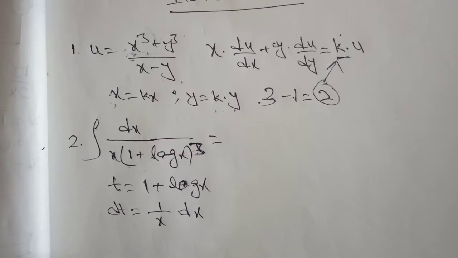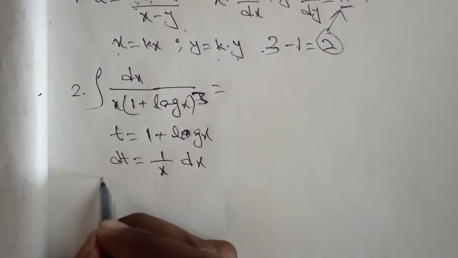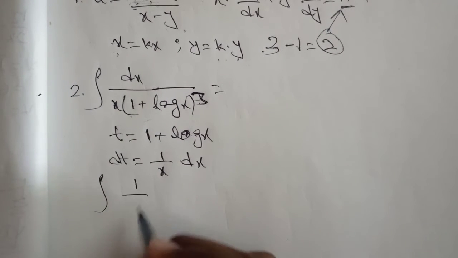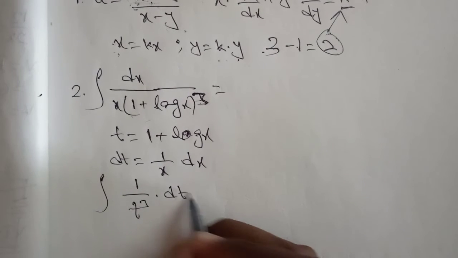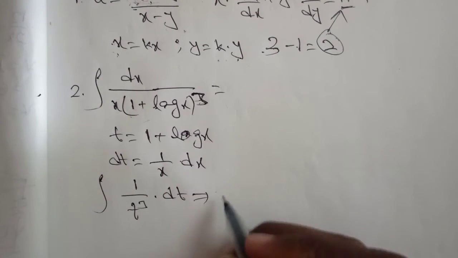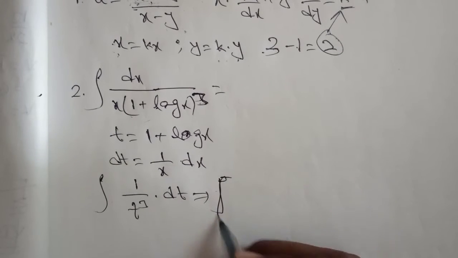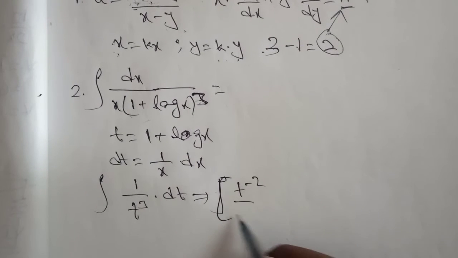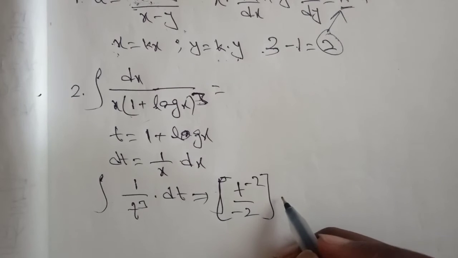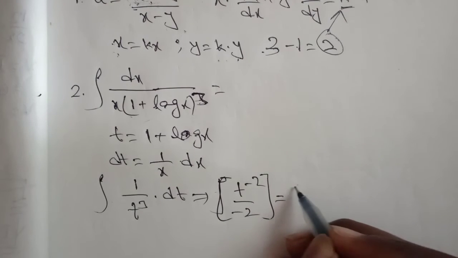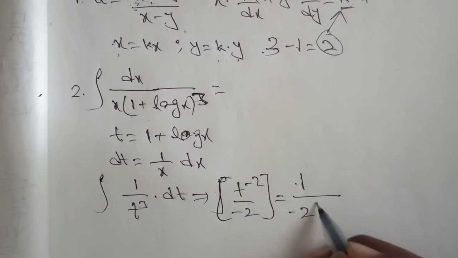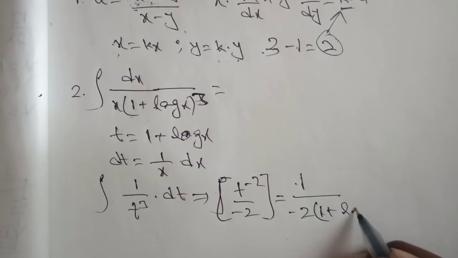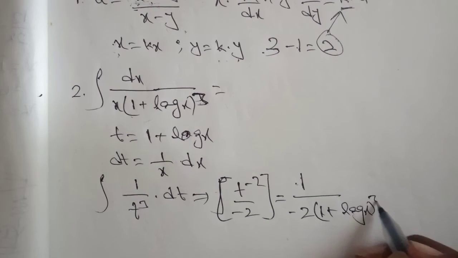As we substitute in this equation, it becomes integration 1 by t cube into dt. As we simplify this, we get t power minus 2 by minus 2, so that becomes 1 by minus 2 into (1 plus log x) whole square.